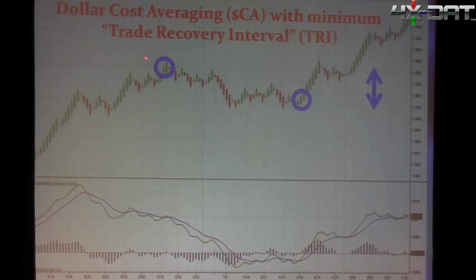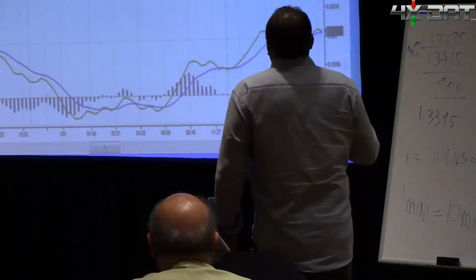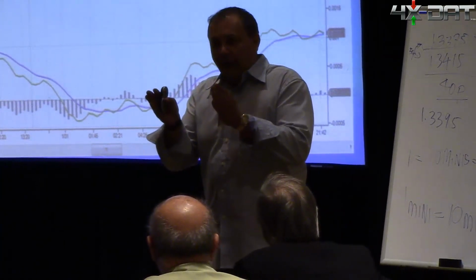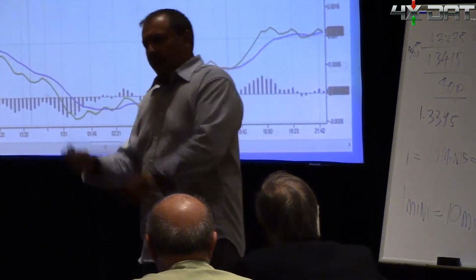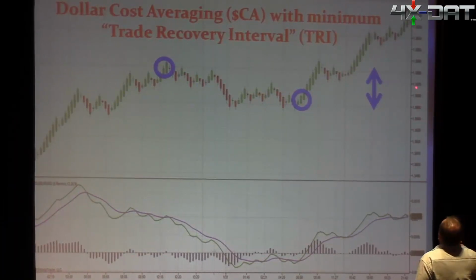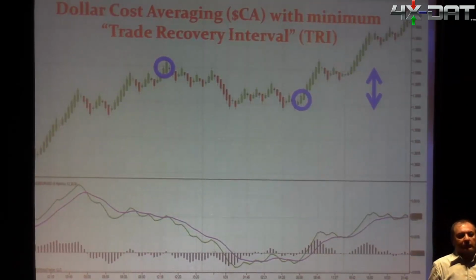Now, we're specifically looking at the trade recovery interval. In other words, how far apart your individual trades should be in order for you to add to an existing position. If it is too close, you don't really want to do it. Well, this particular interval right here is, what's this price? 136.50, and this is 136.80. So this particular trade interval right here is 40 pips, right?